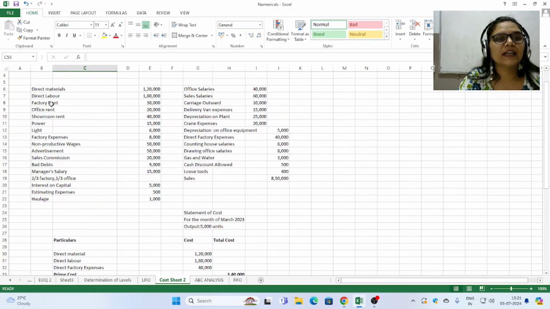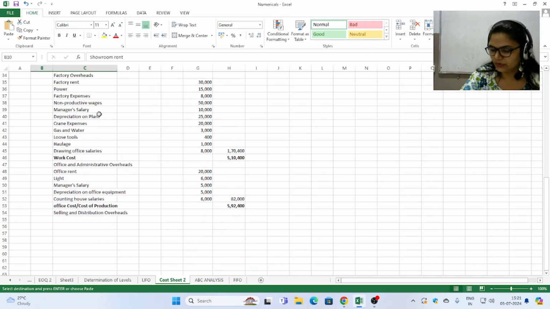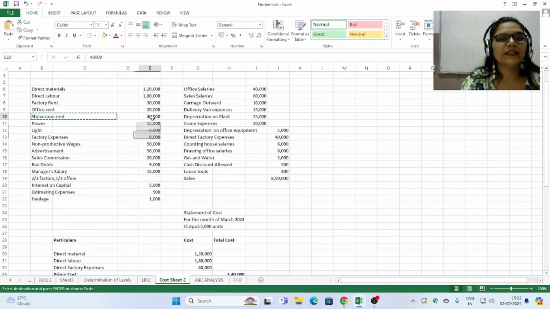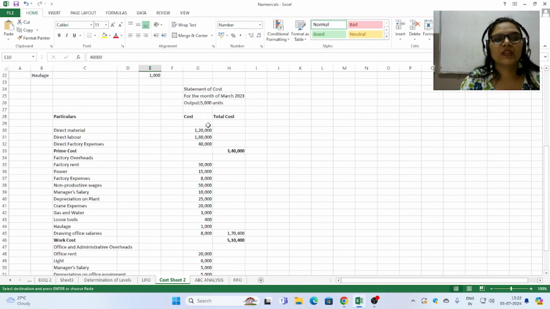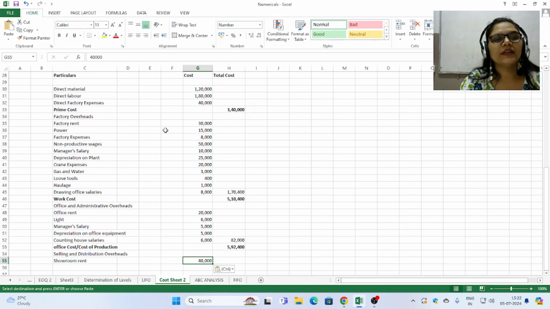First expense is showroom rent. Yes, it is a part of your selling process, so definitely it will be included in your selling expenses. It is 40,000 rupees. Next is your estimating expenses.